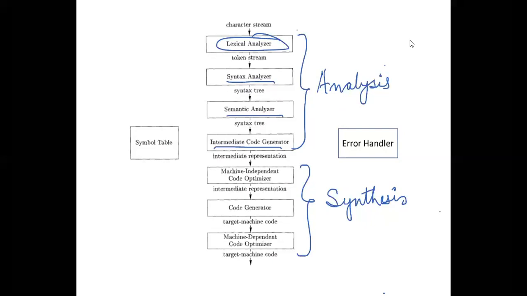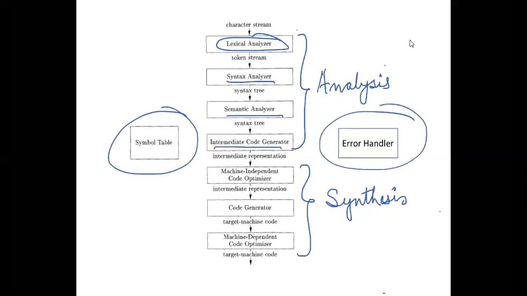Now, in addition to these phases, there are two other important things. That is the symbol table. This is a data structure which is used throughout the different phases of the compilation. Most of the phases use, in fact all the phases use, the symbol table. And there is another routine here called the error handler.